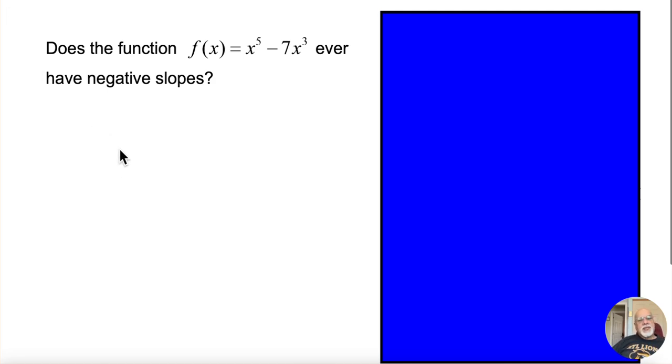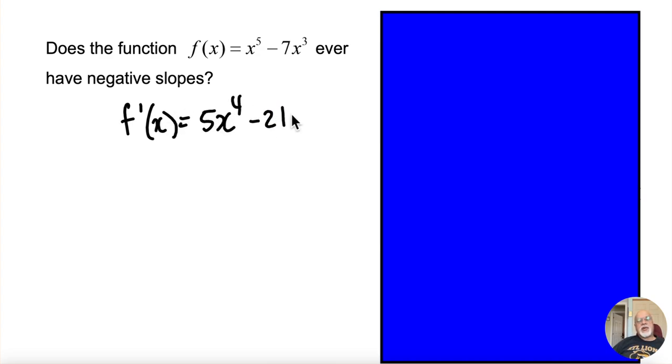Does this function ever have negative slopes? Well, I guess the first thing to do is to determine what the derivative is. So f prime of x would be 5x to the 4th minus 21x squared. And the question is, is this thing ever negative? Well, it could be, depending on the value of x, I suppose.